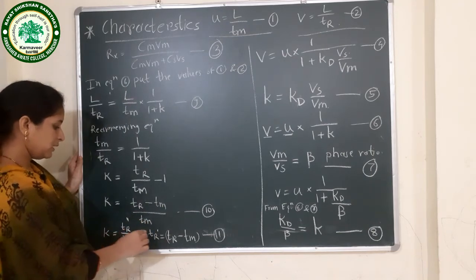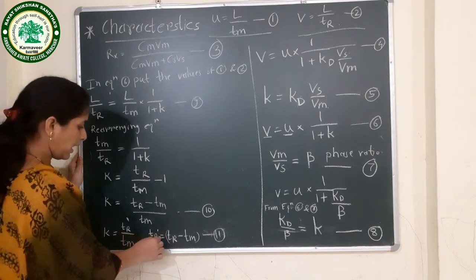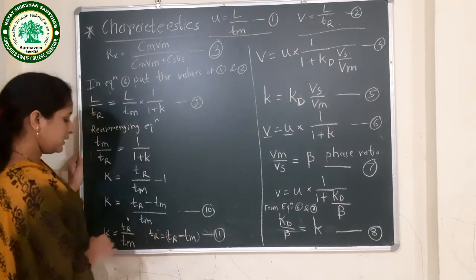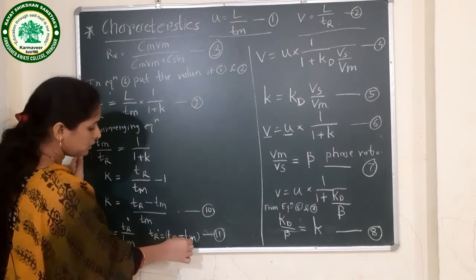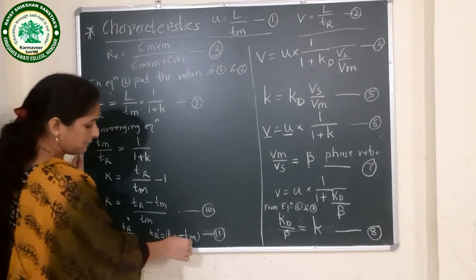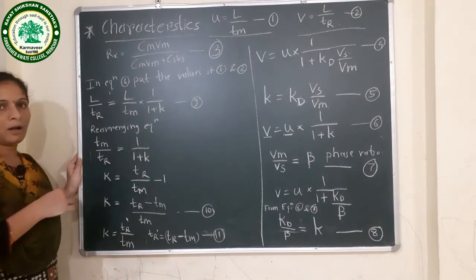Now we get a corrected retention time from this data, which is given by Tr minus Tm. This is the corrected retention time, obtained by subtracting the dead time from the retention time. This dead time and retention time we obtain on the chromatogram.